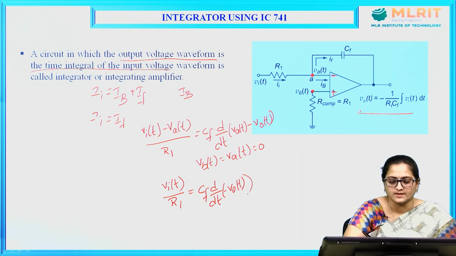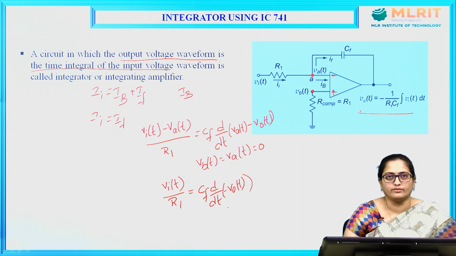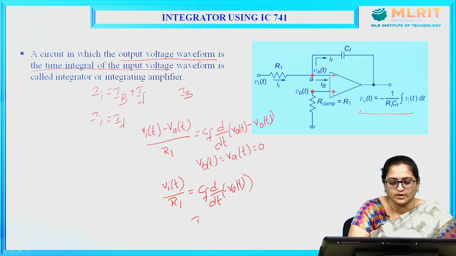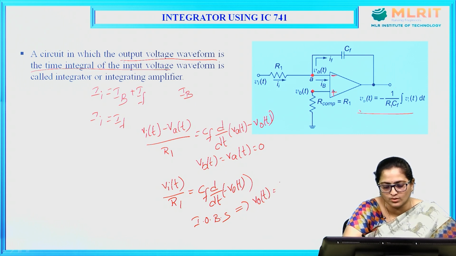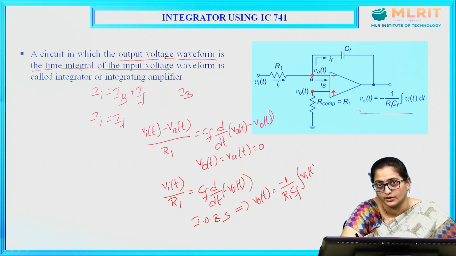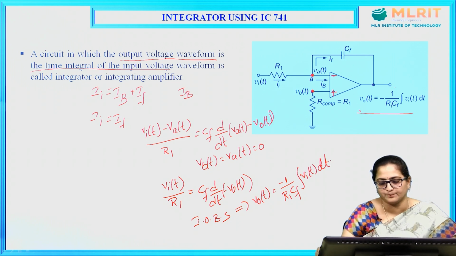This is in terms of differentiation, but we want the output voltage V0 of t. So I apply integration on both sides, and V0 of t equals minus 1 by R1 CF integral of Vi of t dt.